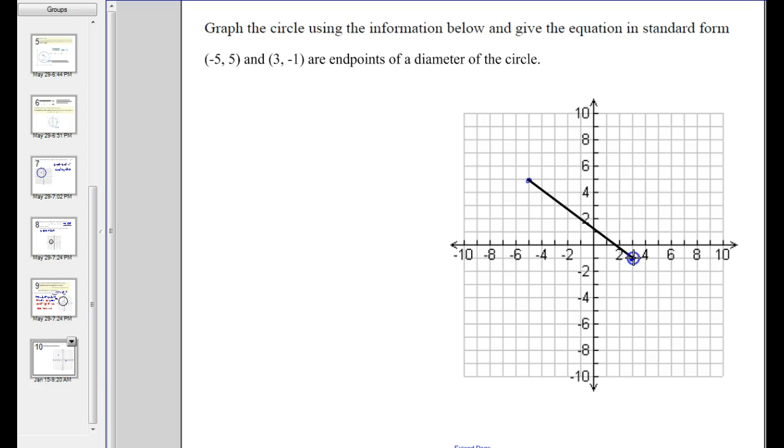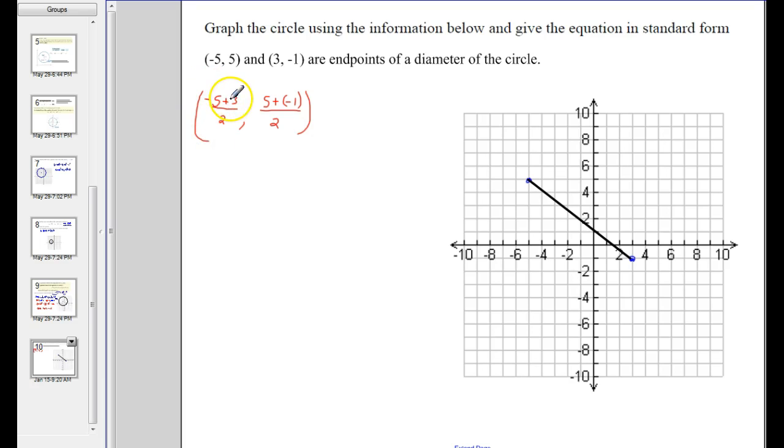Now if you remember, the radius is half the diameter. And also, the center of a circle is on the midpoint of the diameter, of any diameter. So what we need here is the midpoint formula. We need -5 plus 3 divided by 2, comma, 5 plus -1 divided by 2.